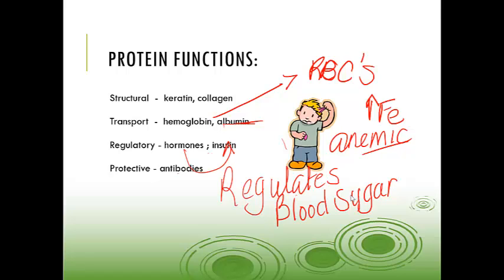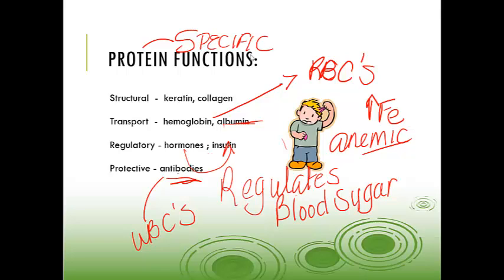Protective, this is also, proteins also function as antibodies, and these are made by white blood cells. Okay, and really the thing to note here, an important piece about proteins, is that they're very specific. So their arrangement is specific to their function, and that specificity carries through in what they do in the body.